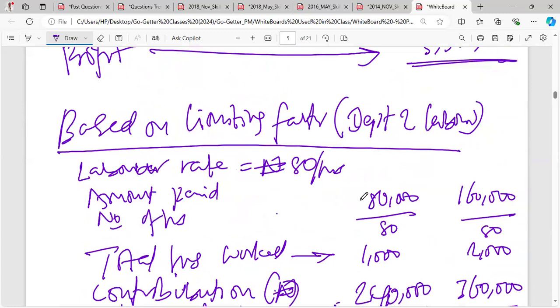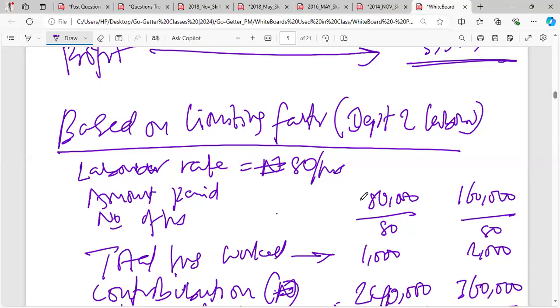So you see here, not everything that you are learning in class is how the question will come out. You've learned about the contribution per unit method. You are now learning the total contribution method.